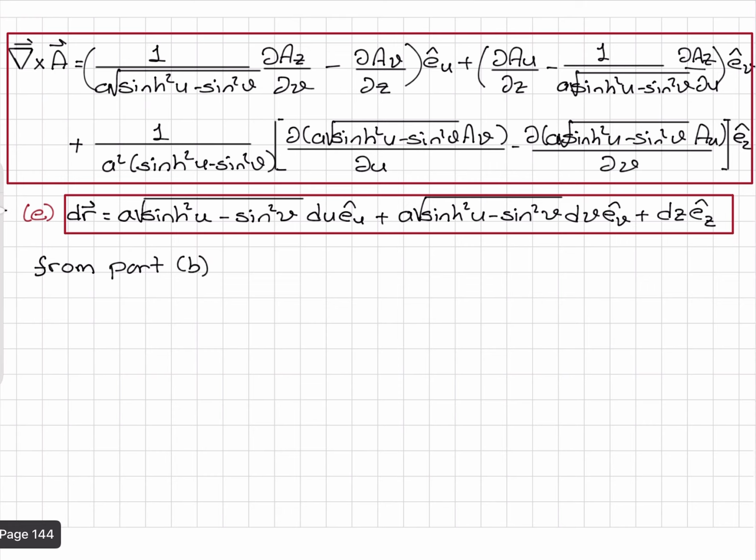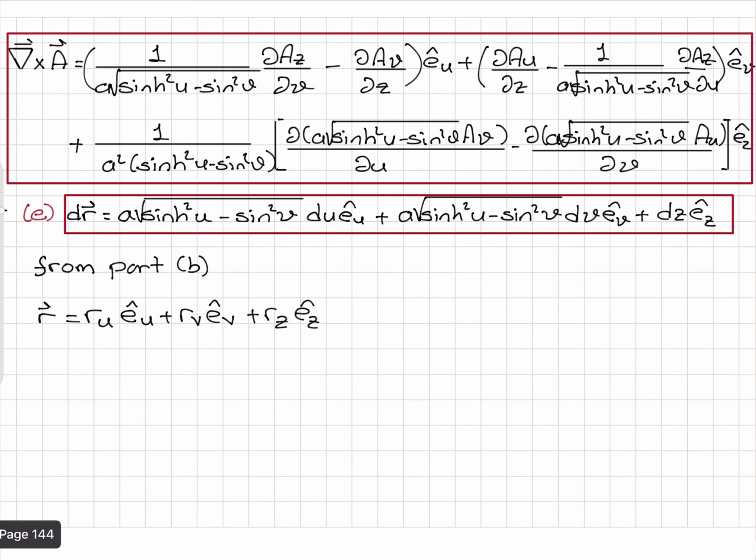Now, the position vector r is going to have a component in the e_u hat direction. So r_u e_u hat plus r_v e_v hat plus r_z e_z hat. So this is what we need to calculate.